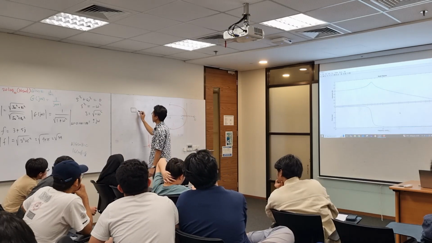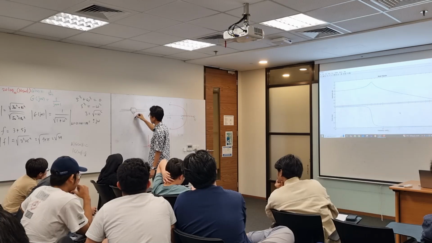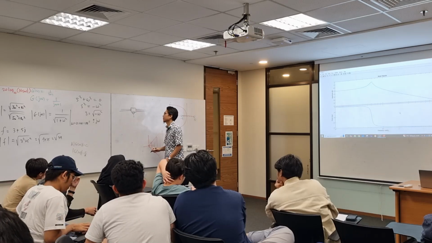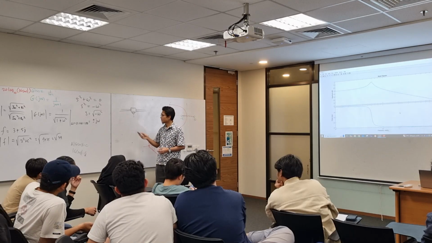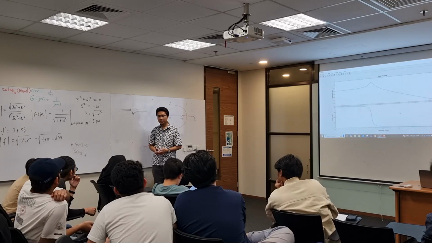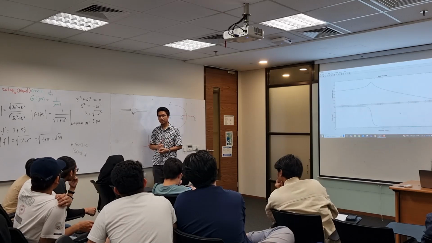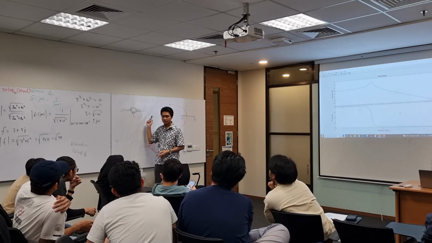Let's say this is the 3D printer head, and then the filament is going here. Do you want to print your project in one day, one year, or do you want it printed in one hour? So you have to move fast, right?